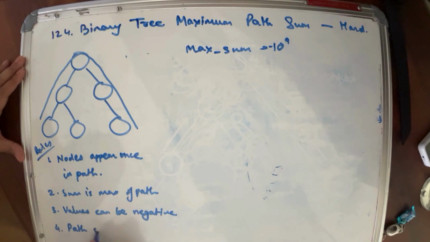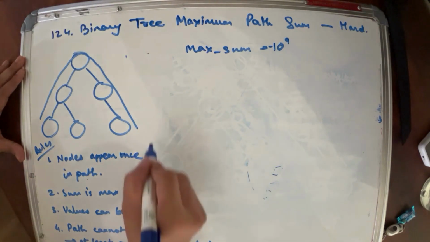Path cannot be null. This means at least one node is needed. Okay, these are our rules.